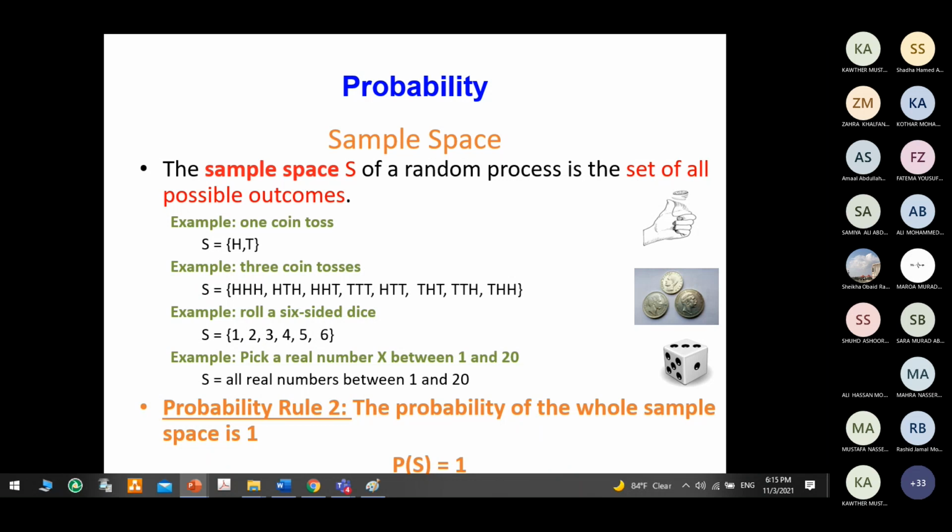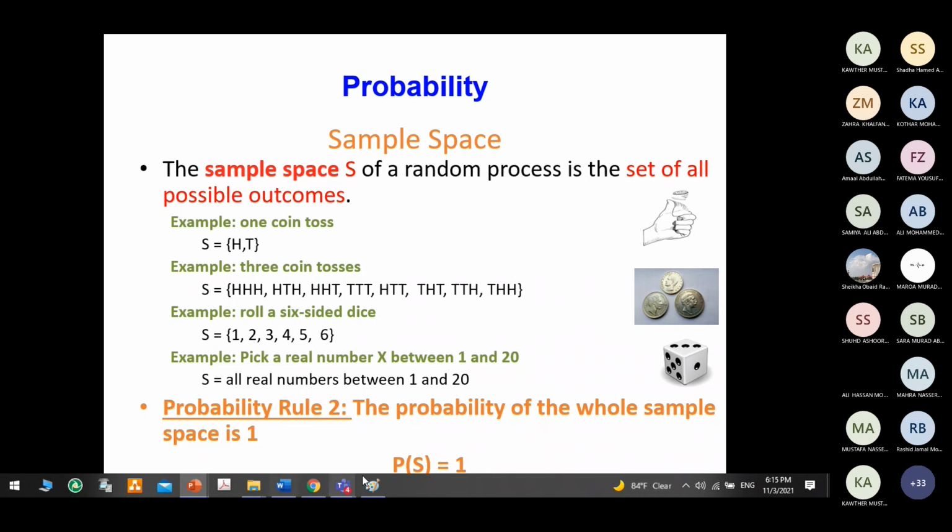These are all the expected outputs. When we say, as an example, pick a real number x between 1 and 20, what are my outputs? It's all numbers from 1 to 20. Very simple. So this is called the sample space, meaning all outputs together.